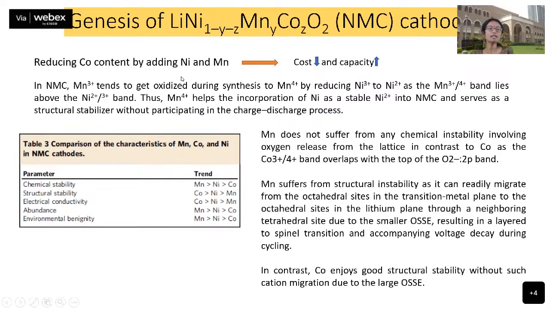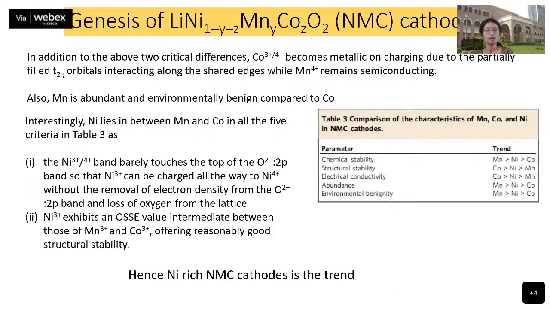So reducing cobalt content by adding nickel and manganese brings down the cost. It also improves the capacity. In addition to the above two critical differences, cobalt 3+ and 4+ also becomes metallic on charging, as I mentioned in the first slide when I showed you the LiCoO2 structure, due to the partially filled t2g orbitals interacting along the shared edges, while Mn4+ remains semiconducting.